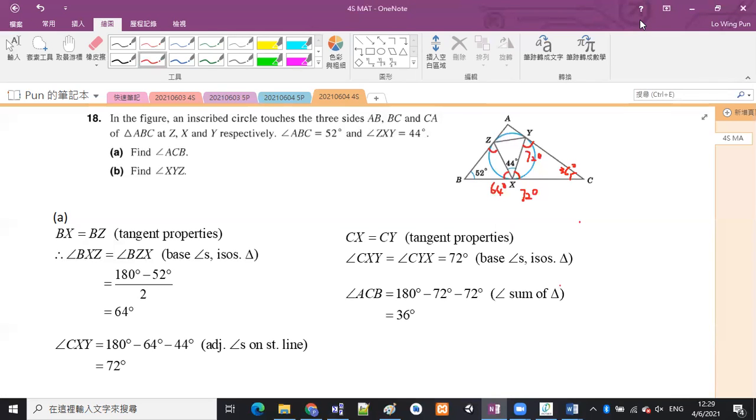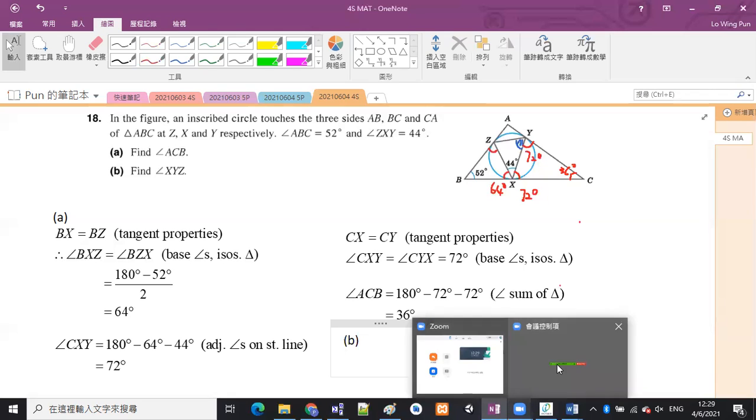And then in part B, the question asks us to find angle XYZ. So XYZ is here, this one. Just realize that if I can find angle AYZ, then I can find the required angle. So in triangle ABC, the largest triangle, I already have 52 degrees and 36 degrees.